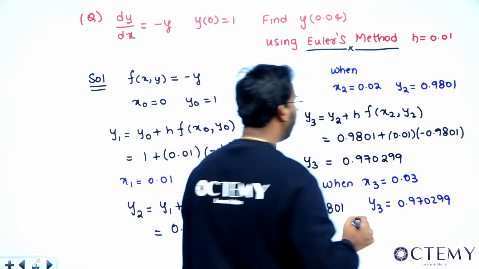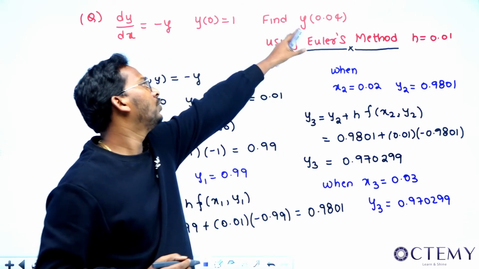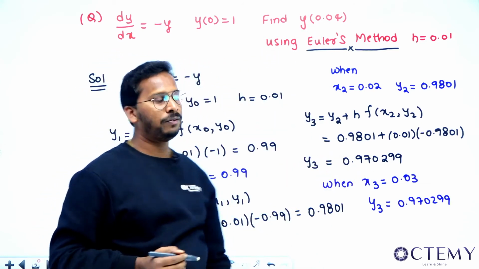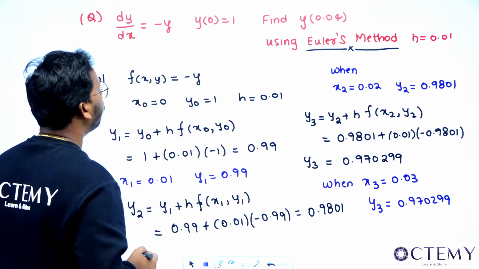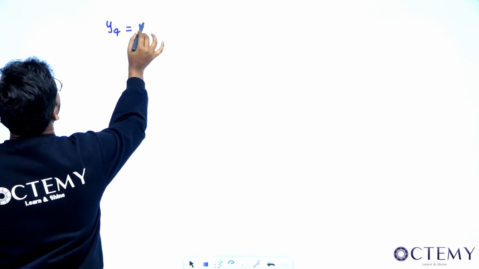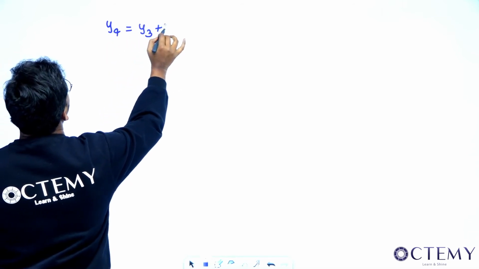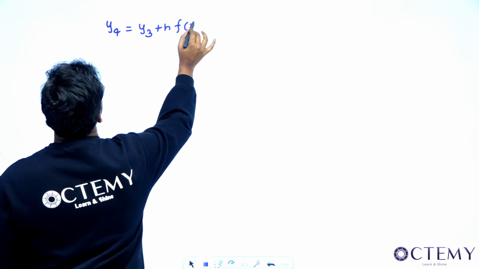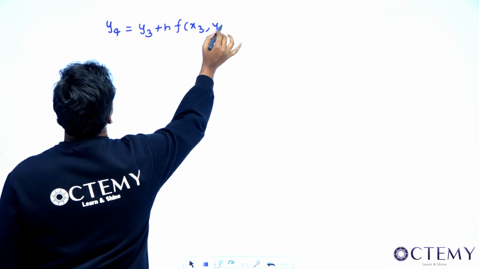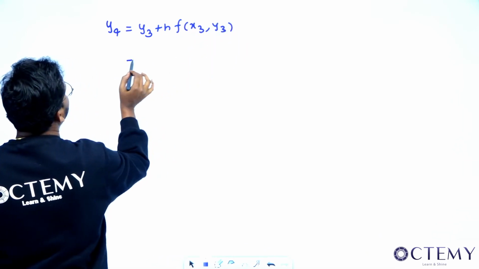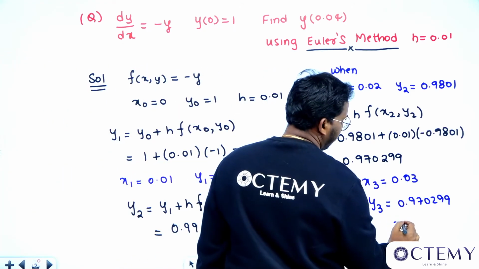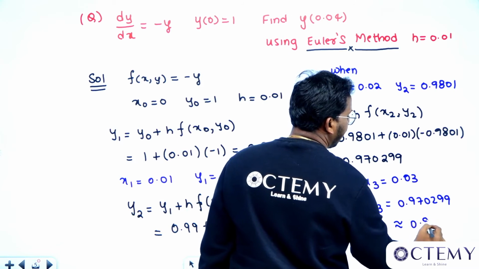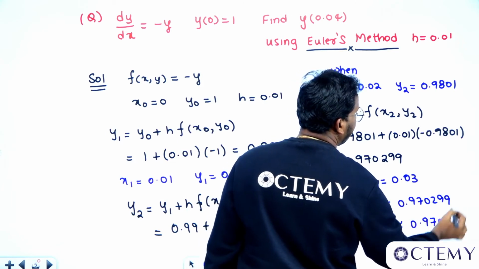But you want y at 0.04. That means one more step, y4, I have to find. y4 will be y3 plus h f(x3, y3). Can I approximately write y3 as 0.9703? Yes, sir, you can write.